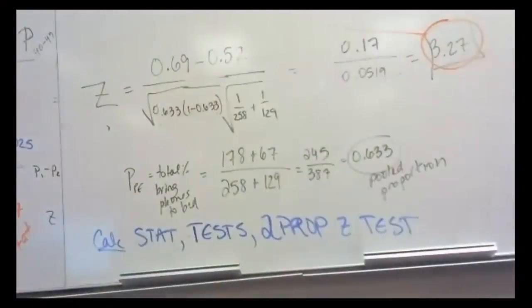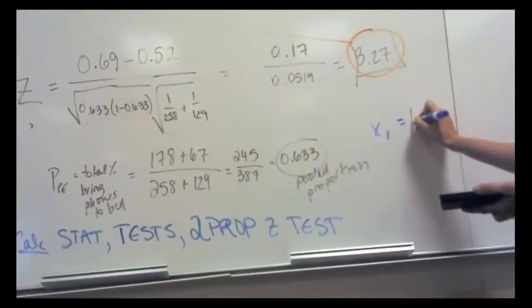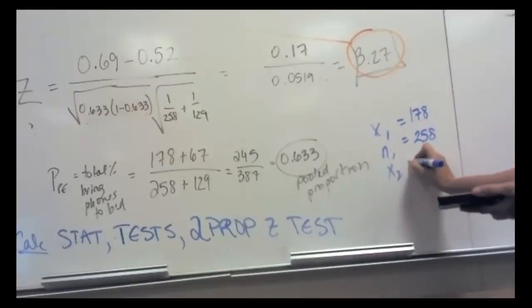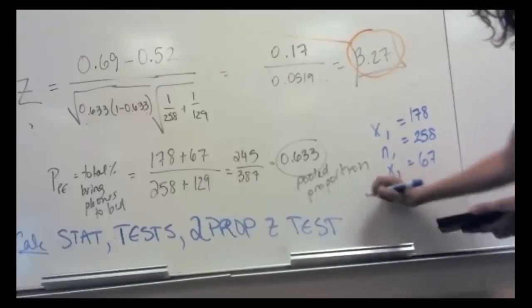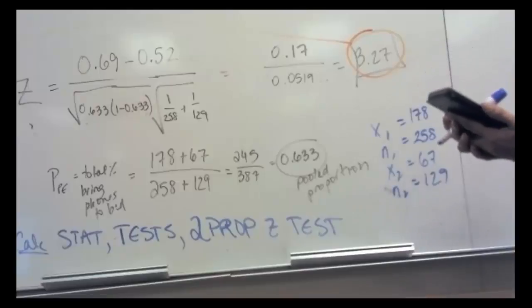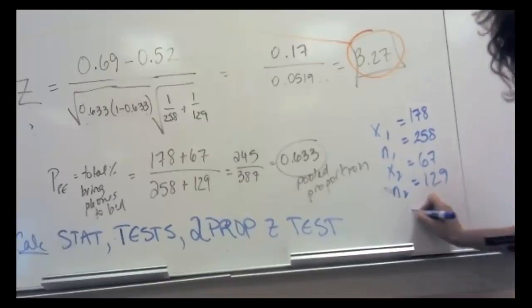Let me see what you have to write in there for that. Where x1 is equal to 178, n1 is equal to 258, x2 is 67, n2 is 129, and the alternative is not equal to.